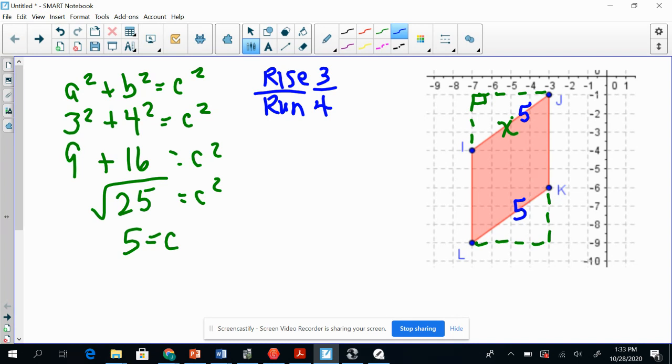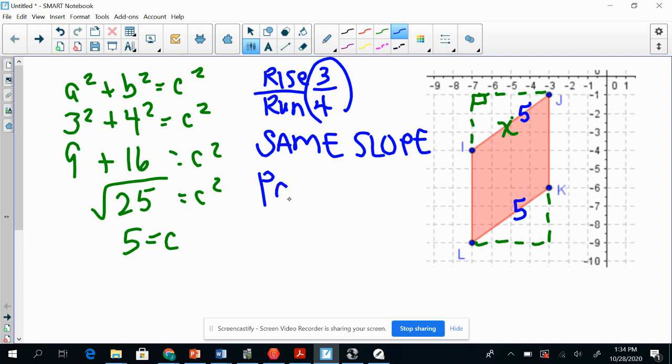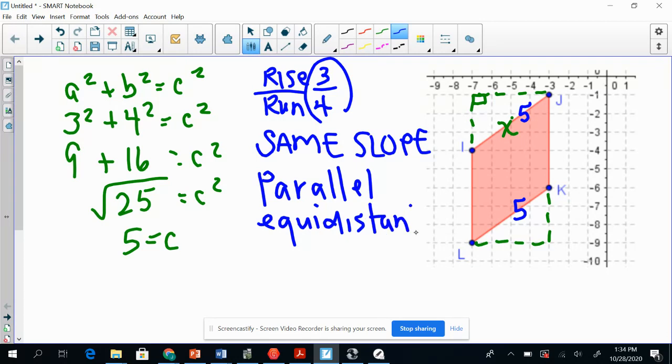So that's a mistake people make, is to make sure you go back and decide, is it an increasing line or would it be a decreasing line? In this case, this is increasing. So our slope would be 3 over 4. So they both have the same slope, which tells us that they're parallel. So I know this set of sides is parallel and equal distance. And the parallel is due to the slope, and equal distance is because they both have the same length.